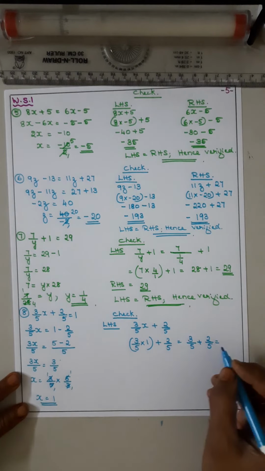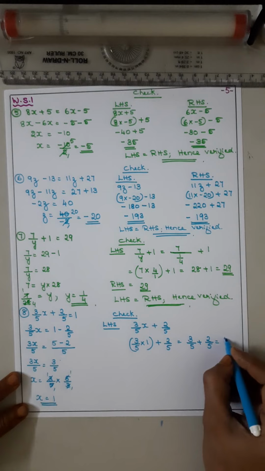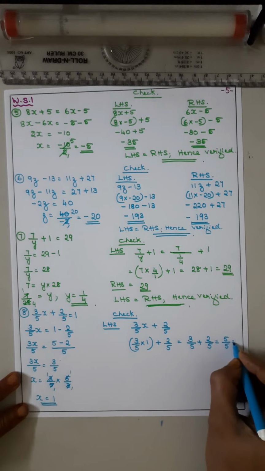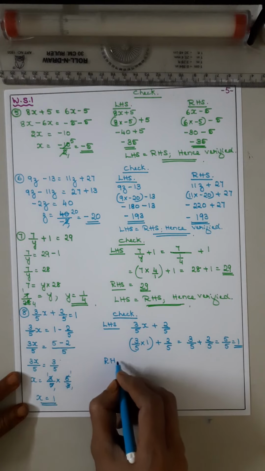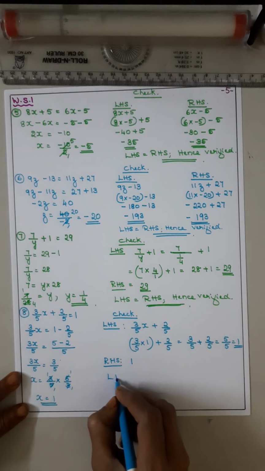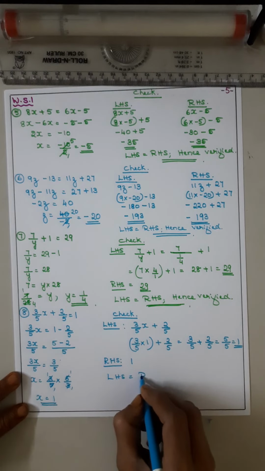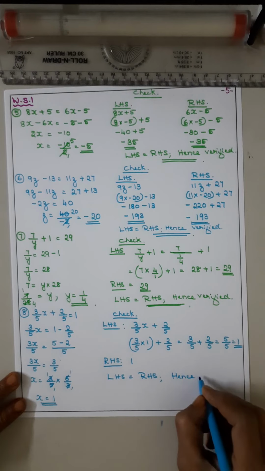That is 3 plus 2 is, denominators are same, so 3 plus 2 is 5/5. That is 1. So RHS is equal to 1. So LHS is equal to RHS. Hence verified.